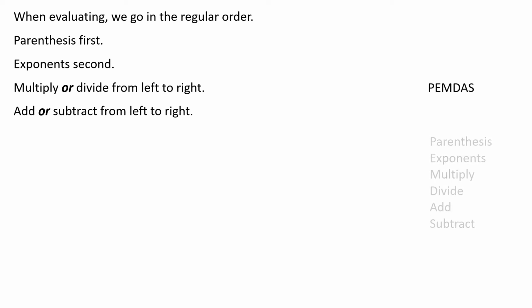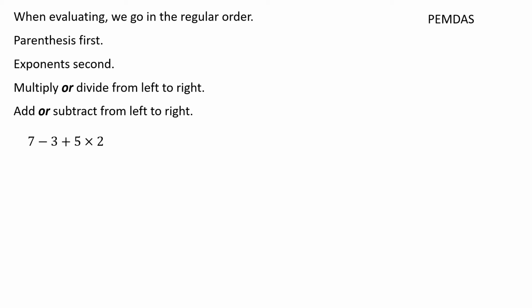Okay, let's get some examples up here. Start with the super basic one, just to kind of reorient ourselves. I don't see parentheses. I don't see an exponent. So I better do any multiplying or dividing. So 5 times 2 makes 10, right? I had to do that first.